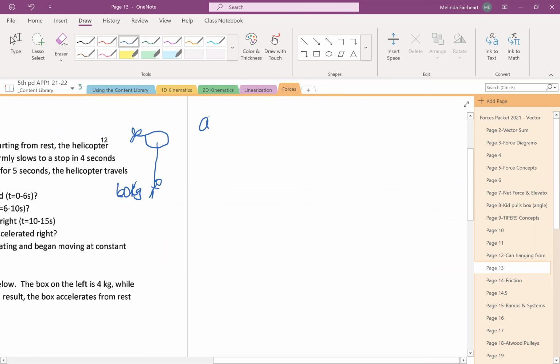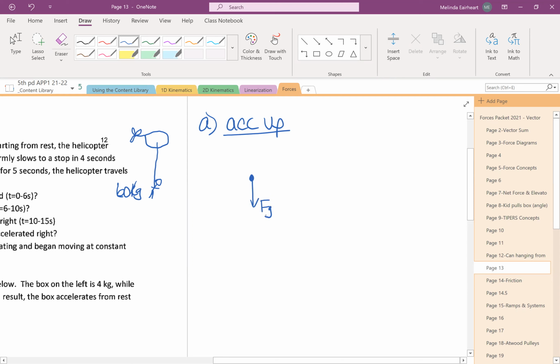And so for part A, we're accelerating upwards. What would step 1 diagram for the person? What forces are acting on the person as they accelerate upwards? Got to be quick with gravity. Gravity is the every time force.